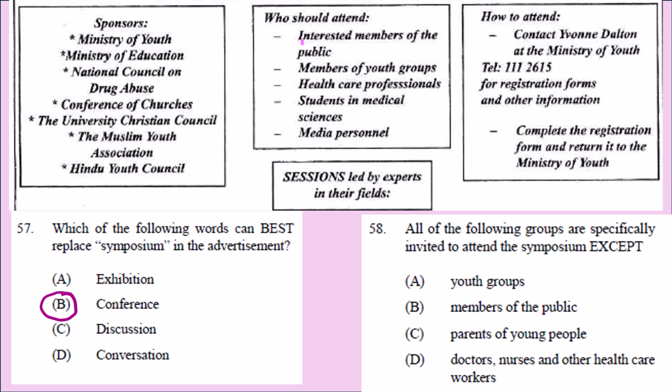Question 58. All of the following groups are specifically invited to attend the symposium except, let's see. Right, interested members of the public were invited, members of youth groups were invited, and so were healthcare professionals. So the only one in our list that were not specifically invited were parents of young people.